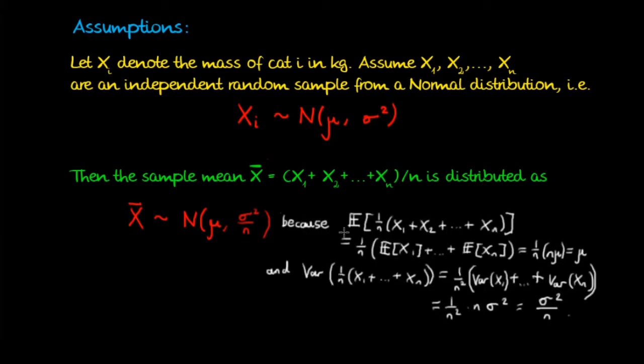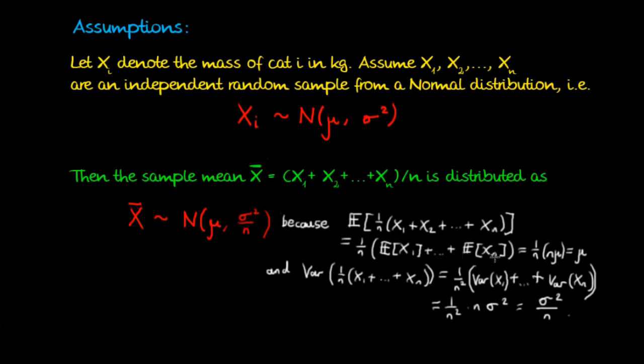Why is that? Let's just remind ourselves where that result came from. If we take expectations of x bar, we can take the 1 over n outside, and we can split up the expectation of x1 plus x2 and so on up to xn as the expectation of x1 plus the expectation of x2 and so on up to the expectation of xn.